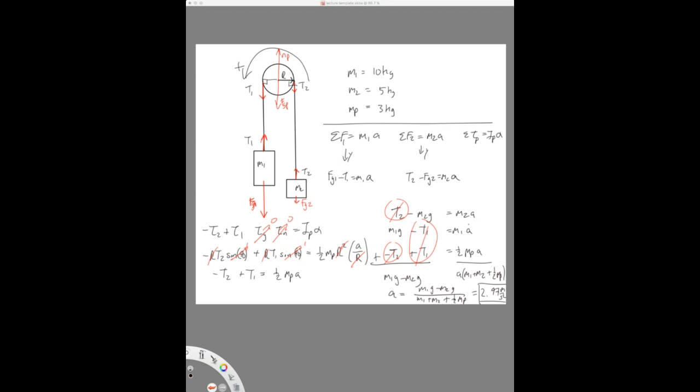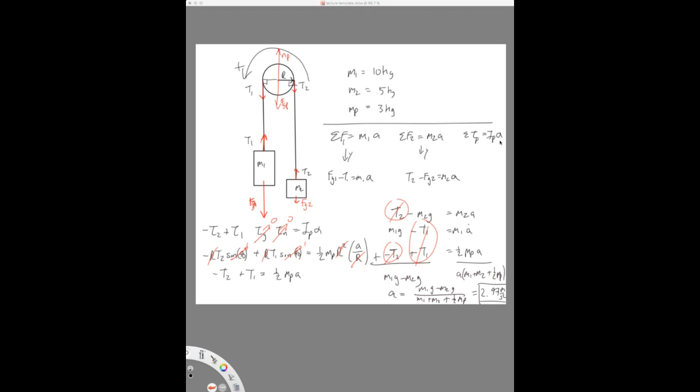So just to recap, this is another example where we do have linear and rotational physics merging together. So if we have a system where part of the system rotates and it's connected to parts that move in a straight line, then for the parts that move in a straight line, we're using net force equals ma, and for the parts that rotate, we use net torque equals I alpha.